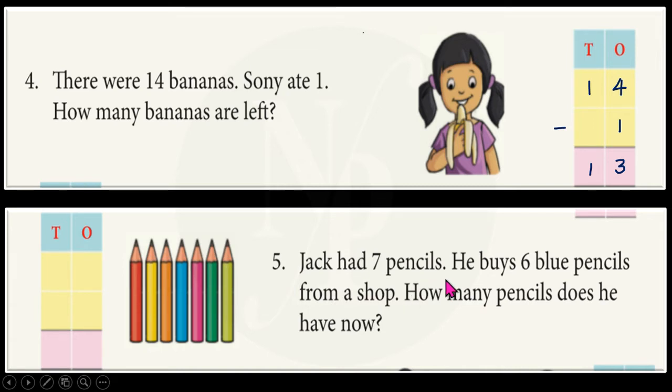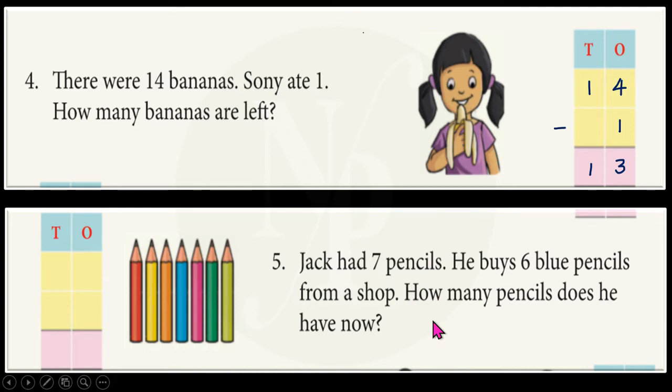In addition, he buys 6 blue pencils from a shop, which are not shown here in this picture. So how many pencils does he have now? After buying 6 more blue pencils from the shop, we should find how many pencils Jack has now.